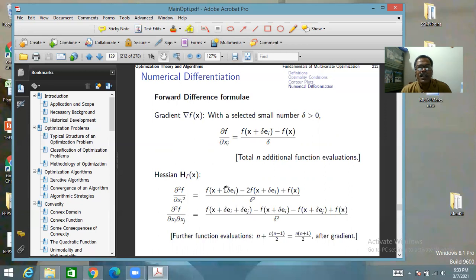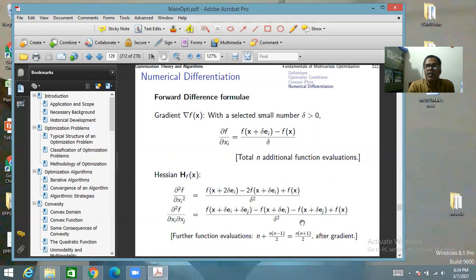For the Hessian, these are the formulae, and here you will already have function values, and this also you have because you have determined the gradient. So this will be the new. For the second derivatives of this type, the cross derivatives, which will form the off diagonal terms in the Hessian matrix, you will have this. So diagonally away, change in both coordinates i and j, minus this, and plus the current function value.